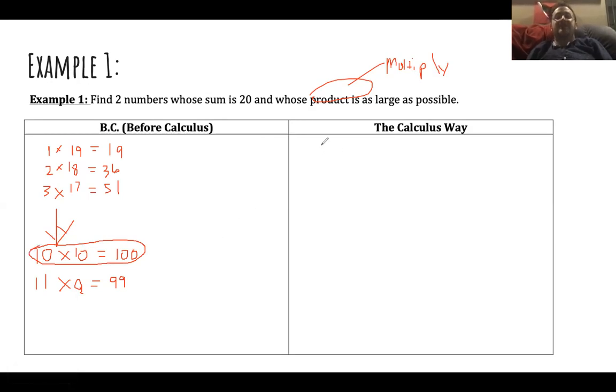Now, another way that you could do this is you could say, let's suppose A plus B equals 20.